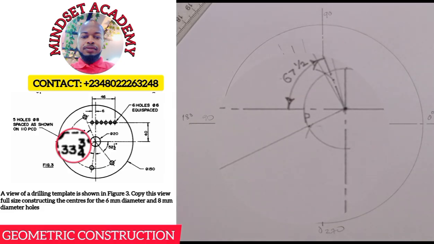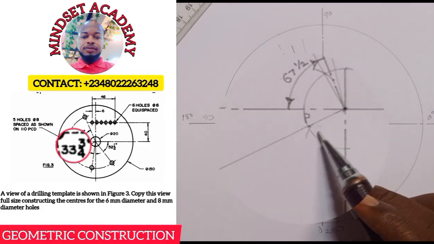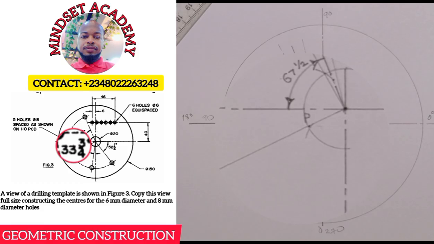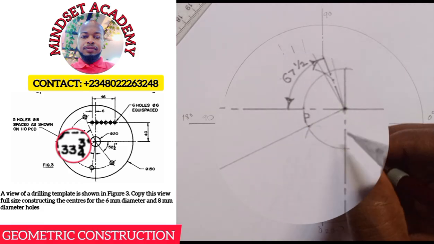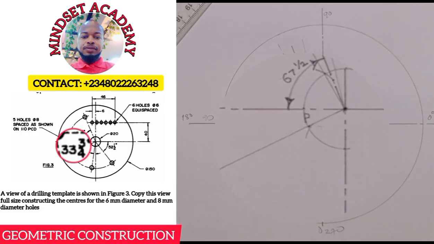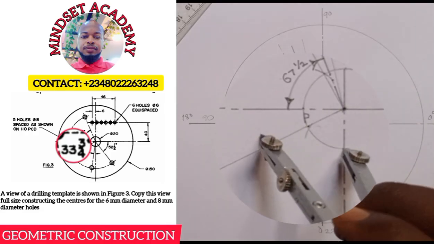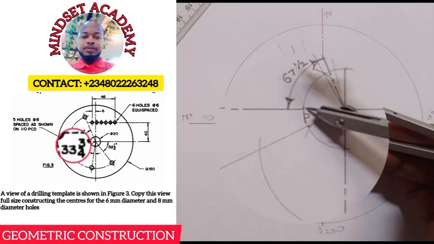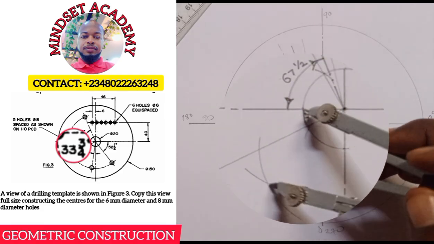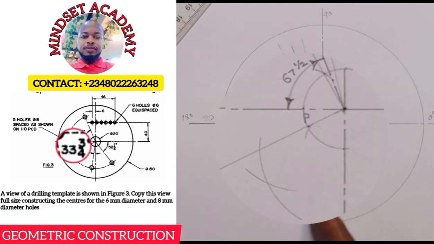So the next thing I'm going to do is construct my 45 degree. And we know that is easier. Where this meets here is where I always construct my 45 degree. Just take your compass, place it at this point, strike an arc, place it at this point also, strike another arc. I'm talking about this vertical and horizontal line.